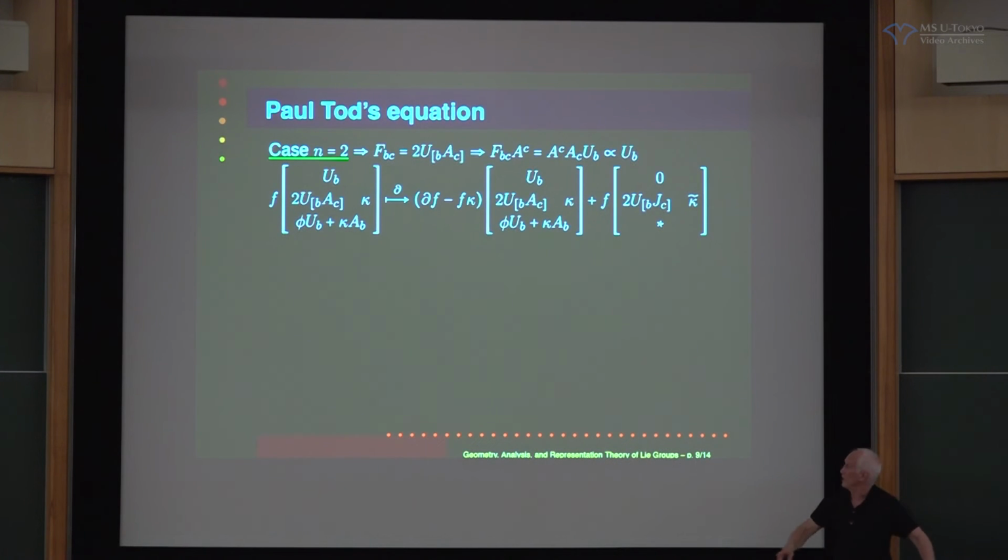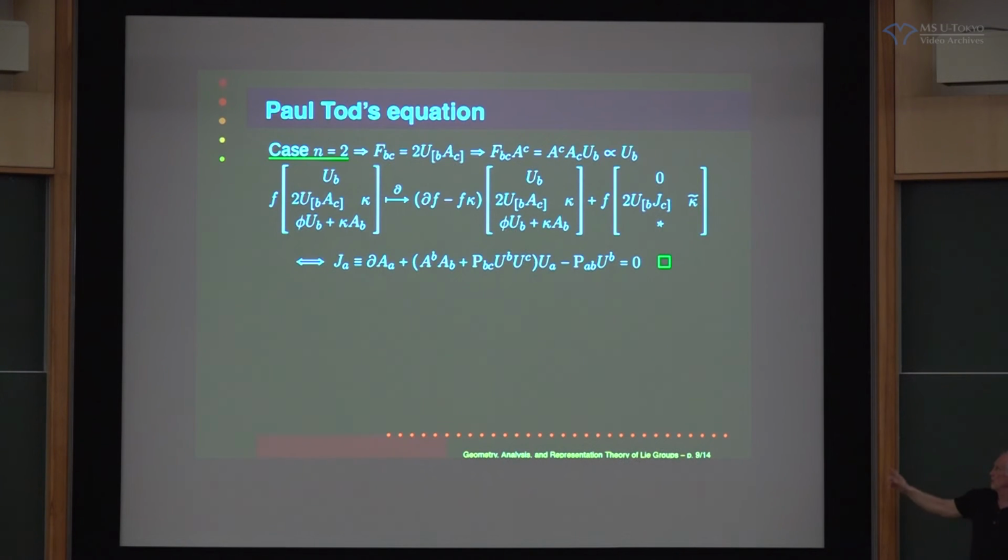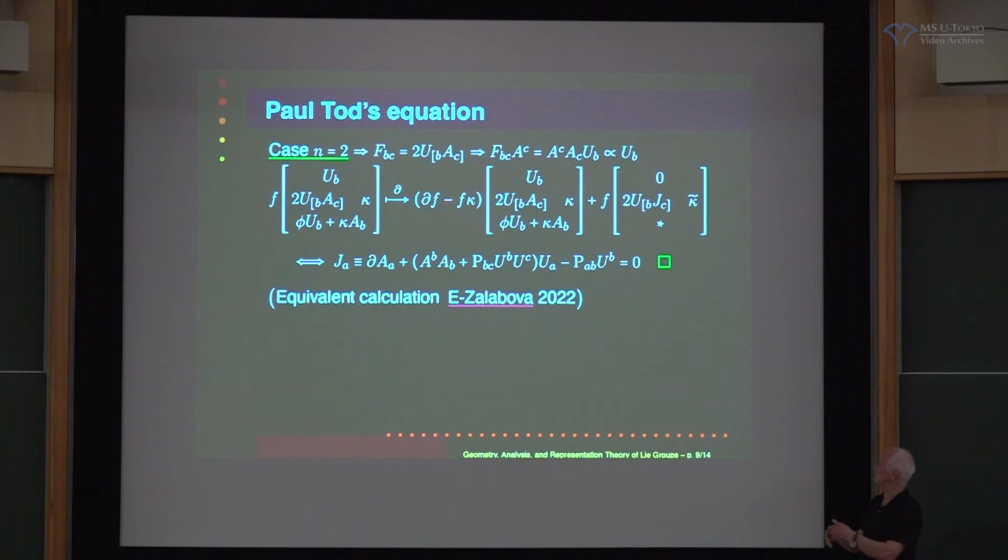And right away, you see that this object j, which is this complicated expression, just appears by dint of doing this. All right? And from there, you can easily deduce the equation, Paul Tod's equation. Okay, so that's good. You can do an equivalent calculation without such complication due to myself and Lenka Zalabova, which was published this year.